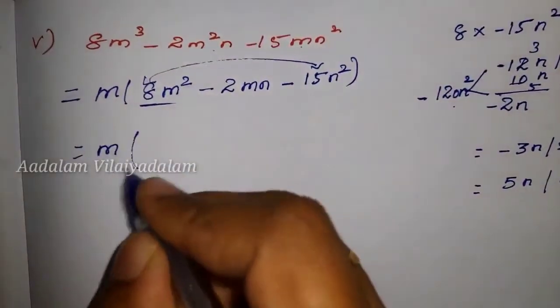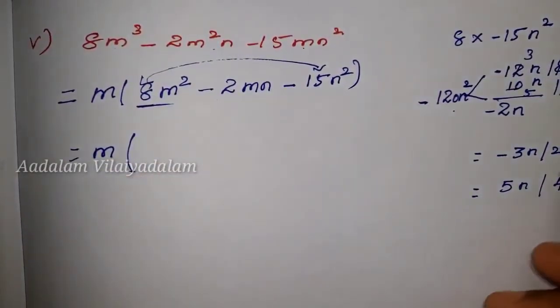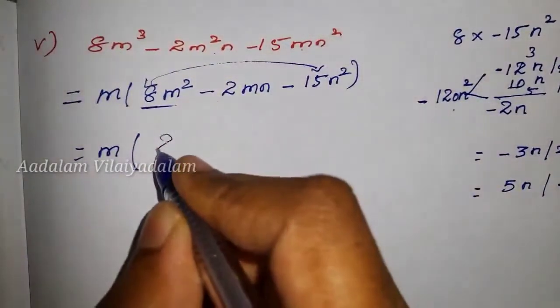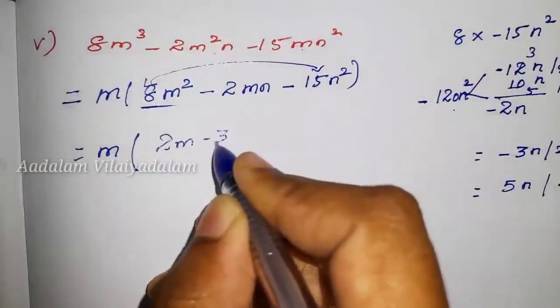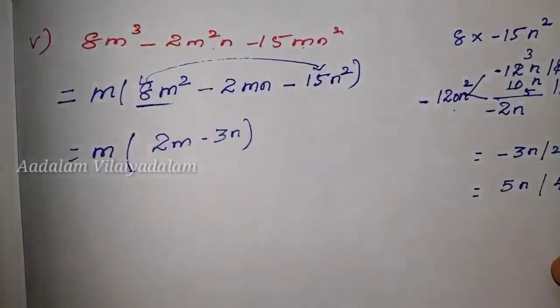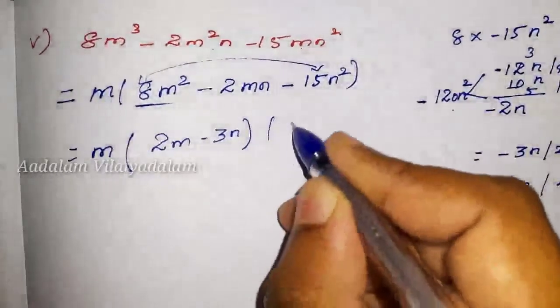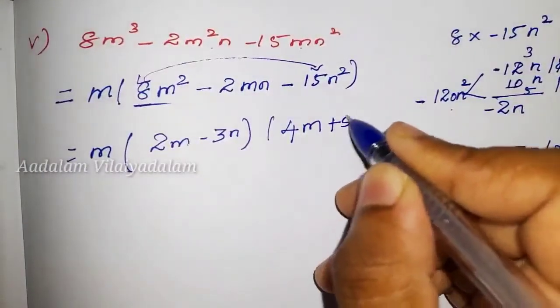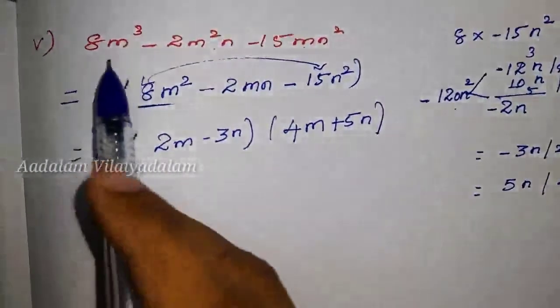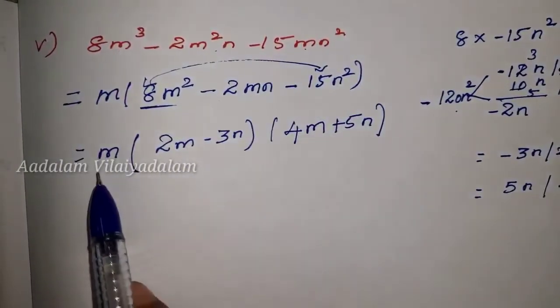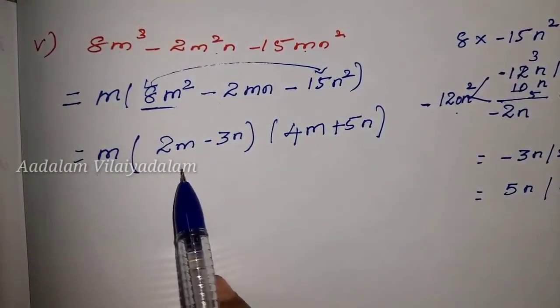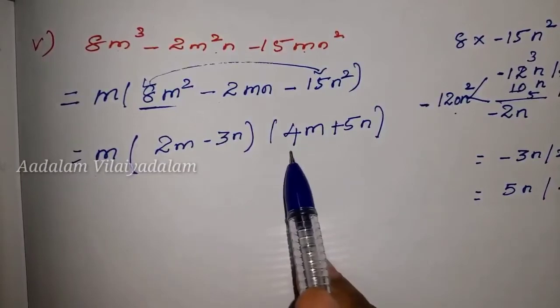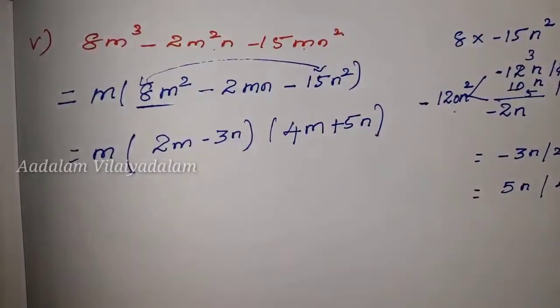So the factors are, first write m as it is. The first factor is 2m minus 3n. The second factor has denominator 4m and numerator 5n. So this is the cubic only, so 3 factors. So m into 2m minus 3n, 4m plus 5n.